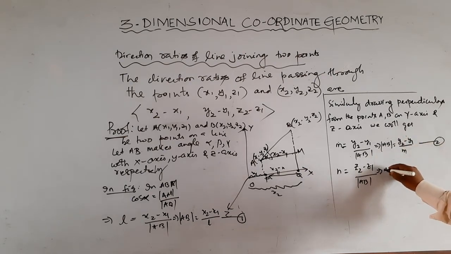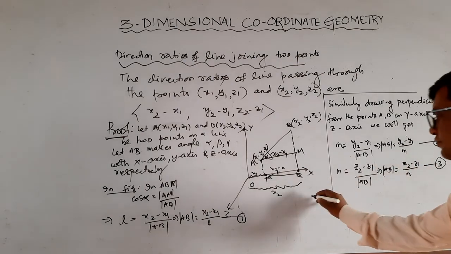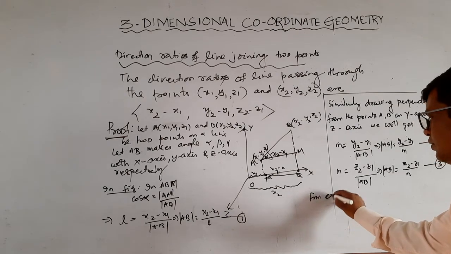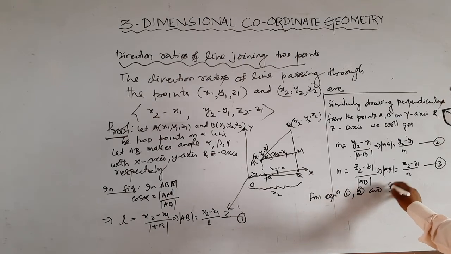And AB distance is equal to (z2 minus z1) divided by N. This is equation 3.